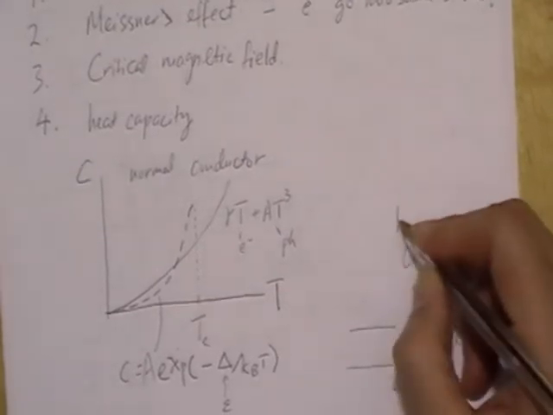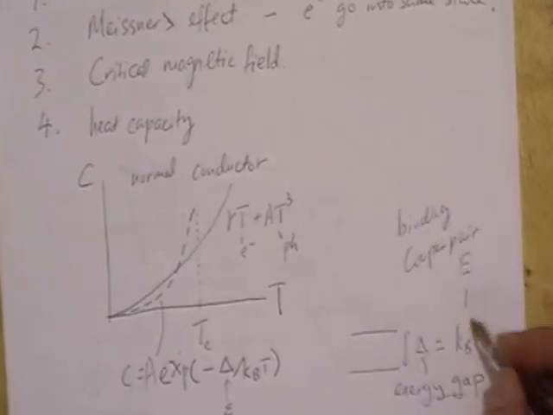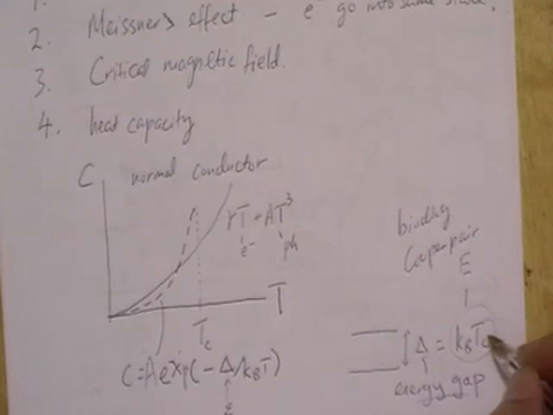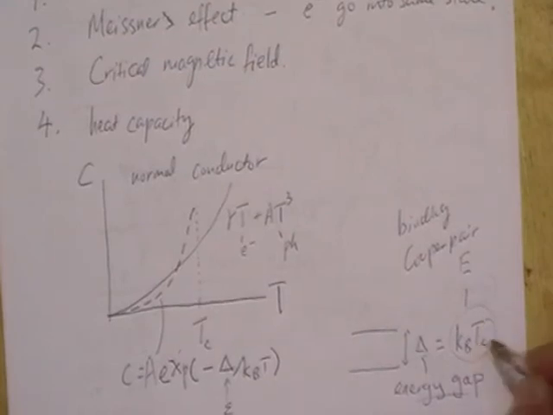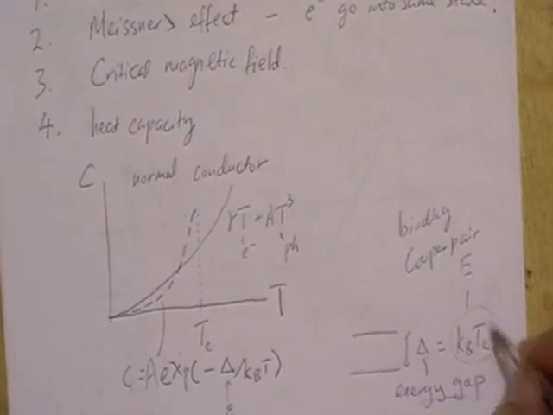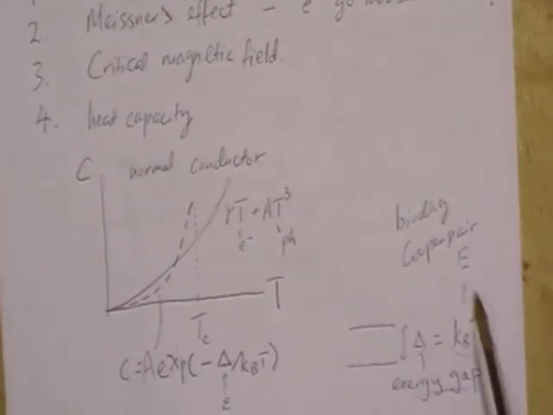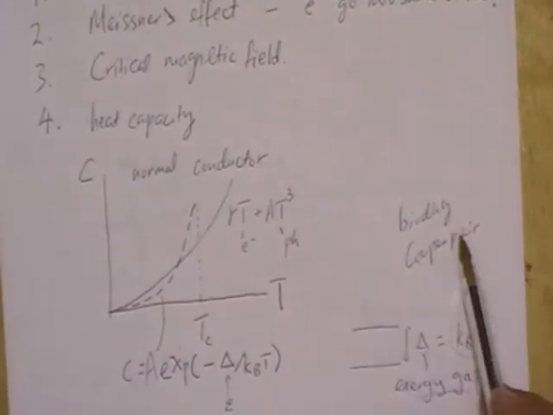Or rather, we will call that the binding energy of the Cooper pair, since if it gains this energy because of the temperature, this kBT would be enough to break up the Cooper pair. Binding energy in the sense that it is the attractive potential energy.